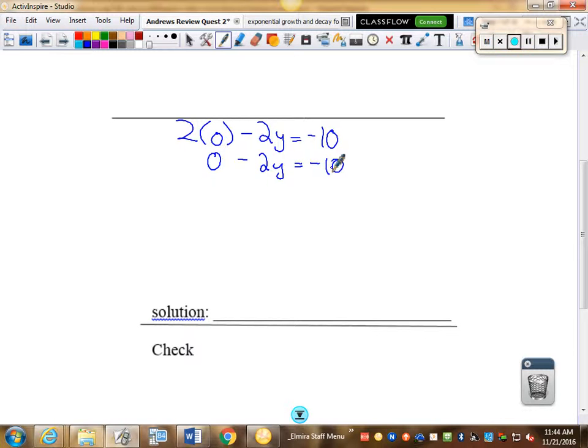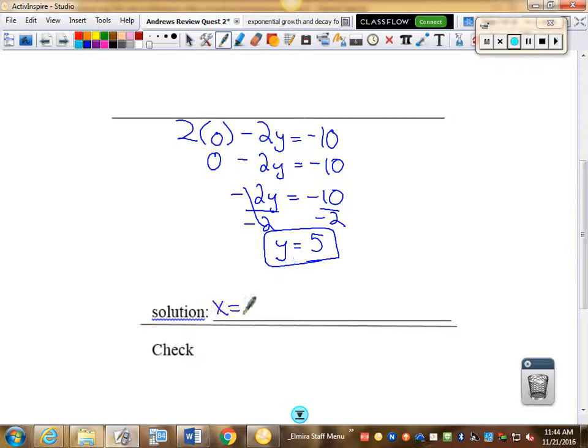Normally at this point it would be a basic 2-step, but since this is a 0, we don't really need a 0. 0 wouldn't change anything, so I'm just going to divide both sides by negative 2, and y equals 5. So my solution is x equals 0 and y equals 5, or (0, 5) in parentheses. Again, you're going to be responsible for checking.